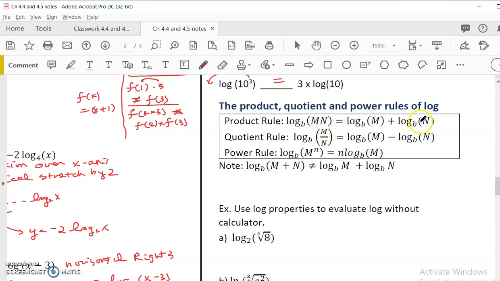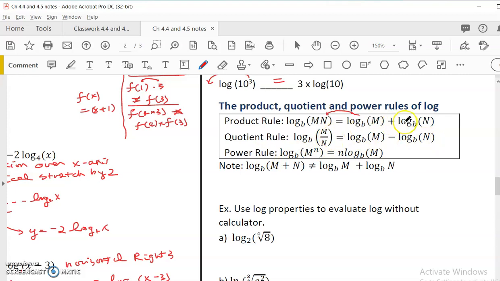Multiply splits into two individual logs added. Or you can say when you add two different logs, you can simplify them by condensing them into one log. The quotient rule is when you have the same log base b, m divided by n can be split into log base b of m minus log base b of n.